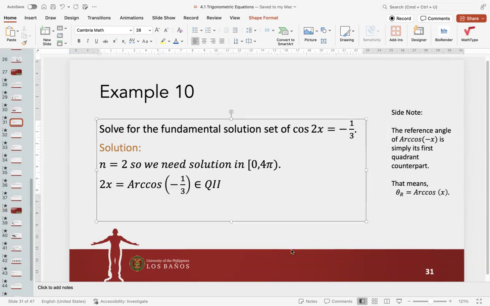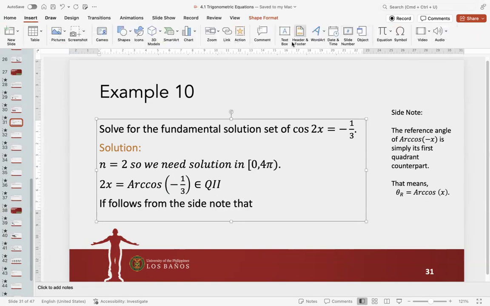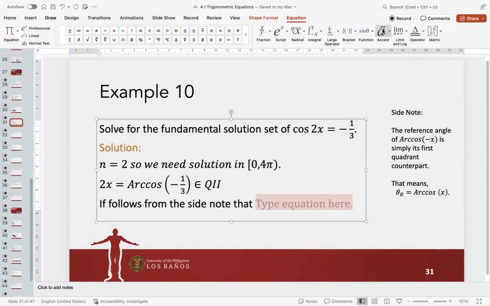So it follows from this side note, all right, that, so lagyan na lang natin, it follows from the side note that our reference angle is equal to arc cos of 1/3.